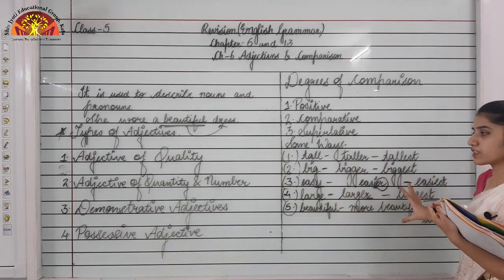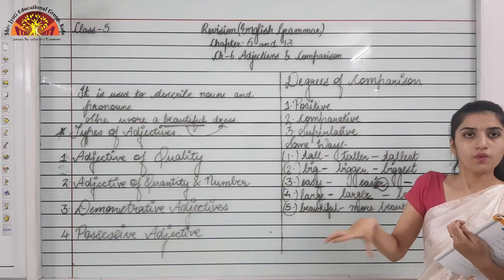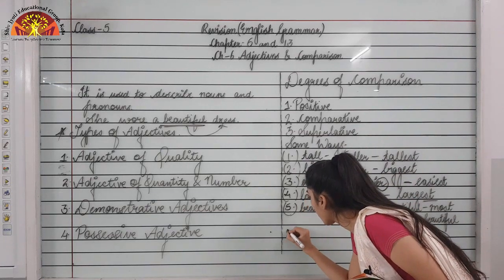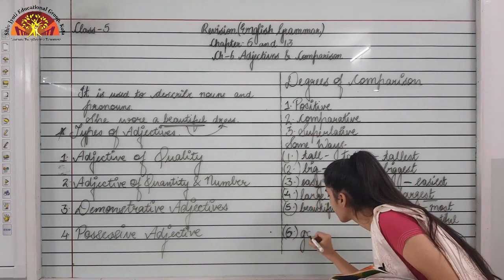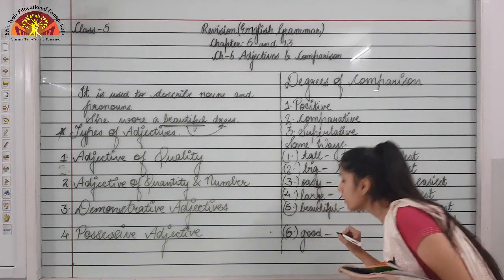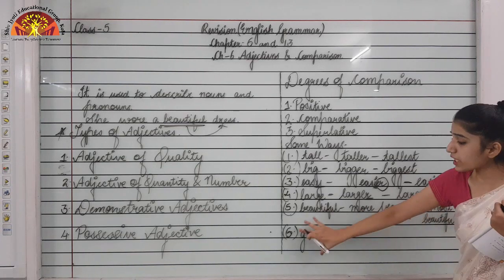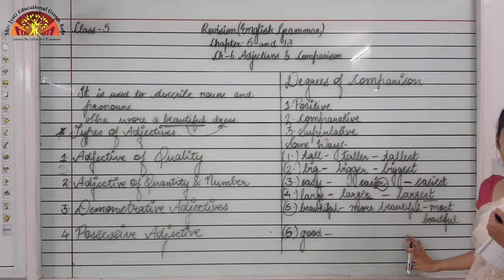There are some adjectives that change the whole word. For example, take good. I'll not make it gooder or goodest. I'll change the whole word to make the comparative and superlative degree of good.